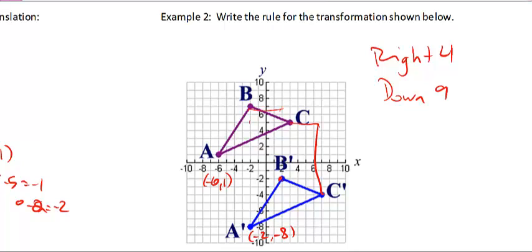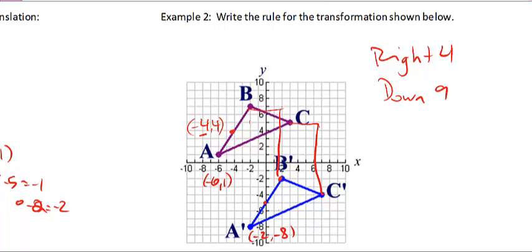So we see that this same distance and same direction is preserved for every single point, even if I picked some other random one like this point here, which is at (-4, 4). That means there should be a point on this triangle at 0 by adding 4 to that, and -5 by subtracting 9, and we see right there that there's that point.